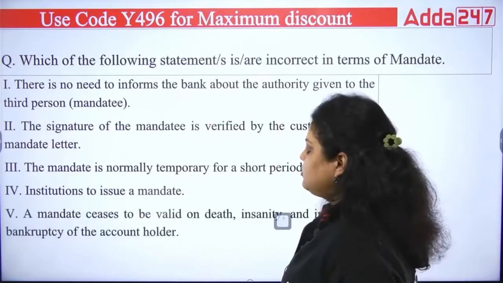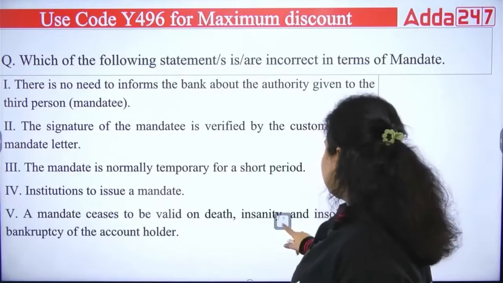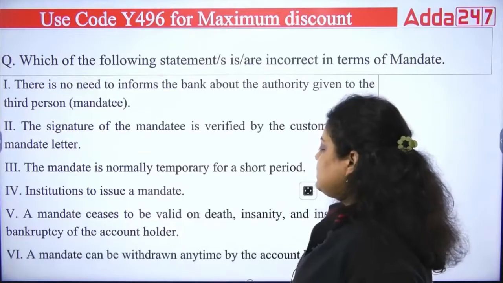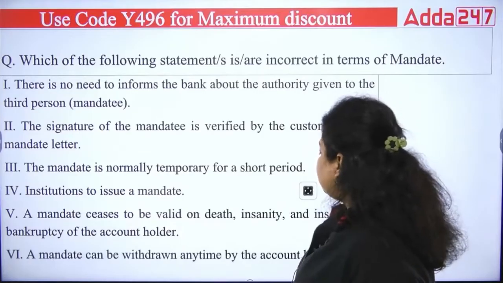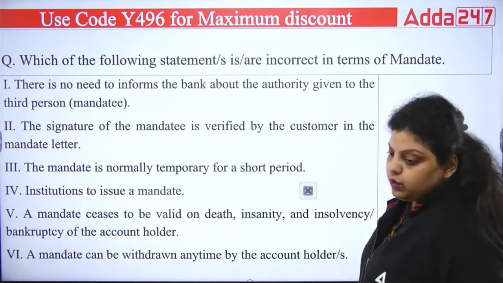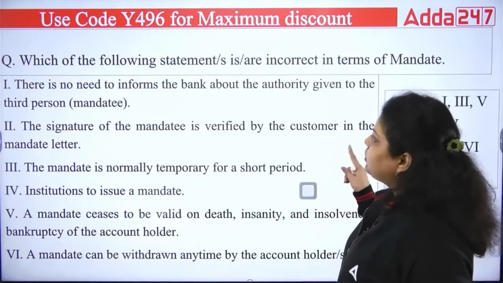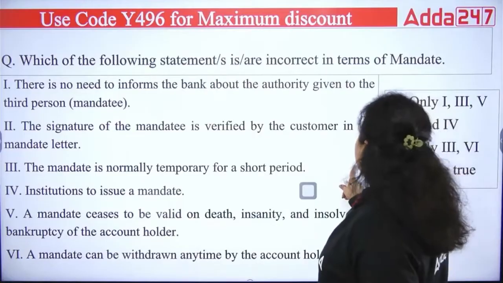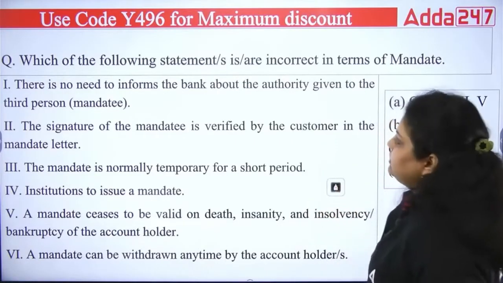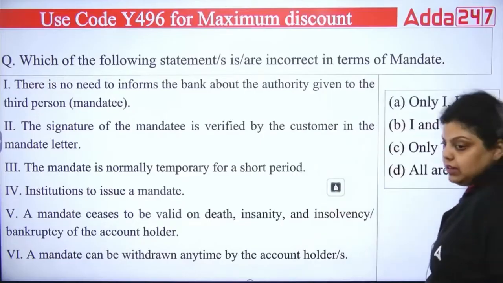Fifth, a mandate ceases to be valid on death, insanity and insolvency, bankruptcy of the account holder. And sixth is saying a mandate can be withdrawn anytime by the account holder. So these are the 6 statements in front of you. Out of that you have to answer which of the following statements are incorrect in terms of mandate. So out of these 6 statements, which is incorrect?